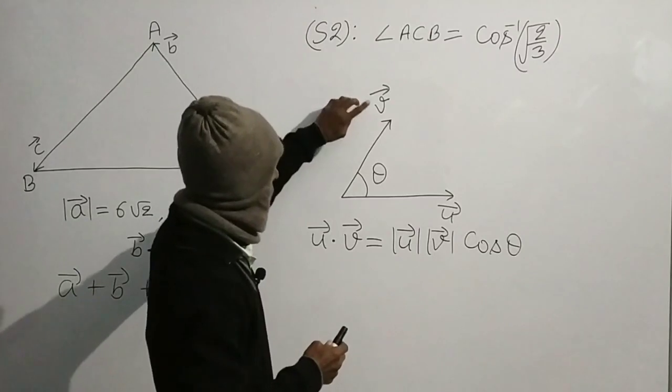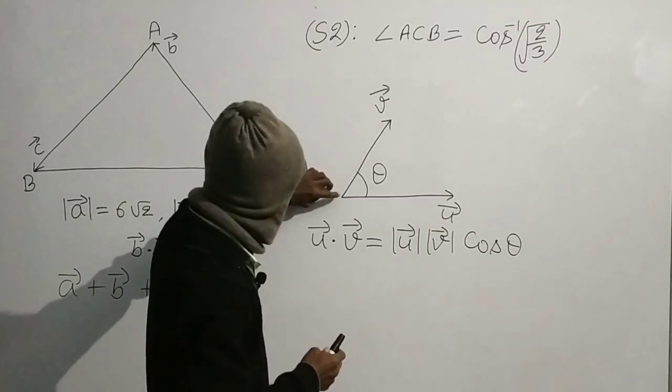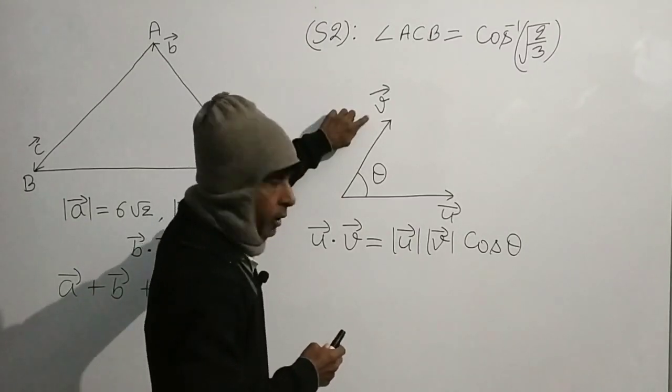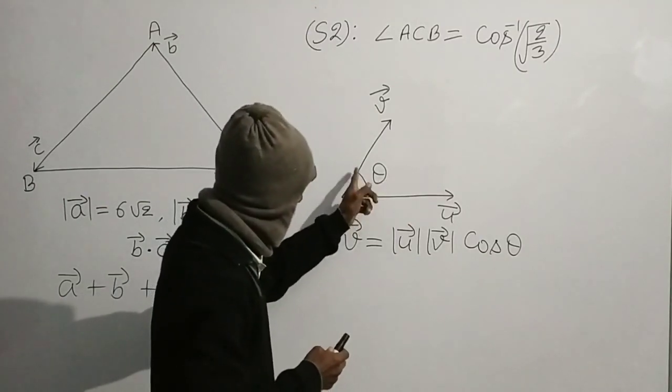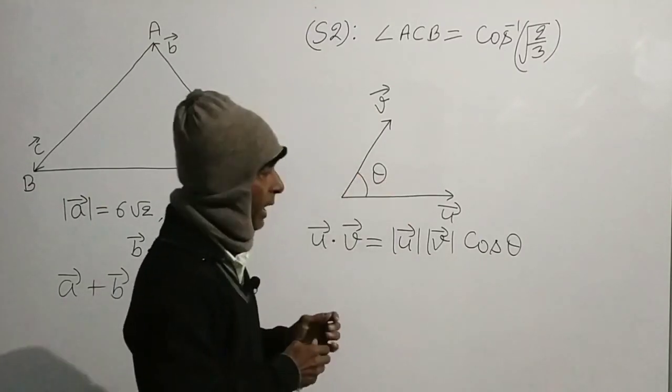When we draw vector v from initial point of u, then angle between these two vectors will be theta.